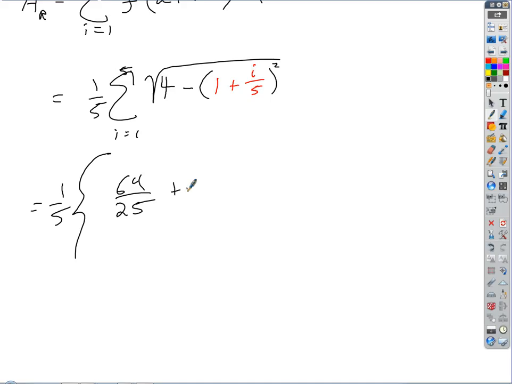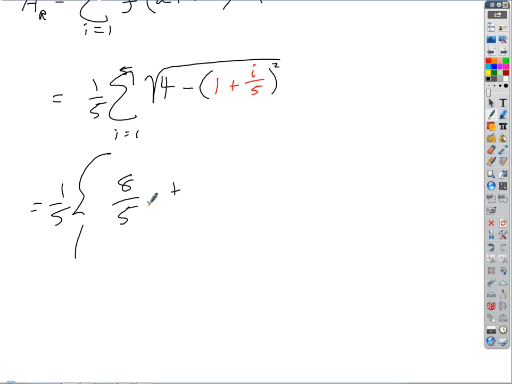Okay, plus i is 2. Well, no, we didn't take the square root of that either. Oh, you're right. Square root of it, so that's 8/5. Okay, plus, try again.